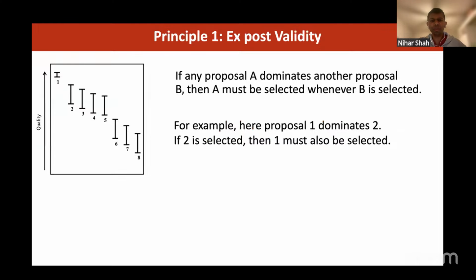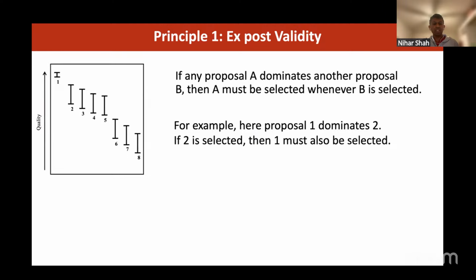Our first principle is what we call ex post validity. This is quite simple to state. Consider any pair of proposals, let's say proposals A and B, and if proposal A dominates proposal B, meaning that from the data you have sufficient evidence to say that A is better than B, then proposal A must be selected whenever B is selected.